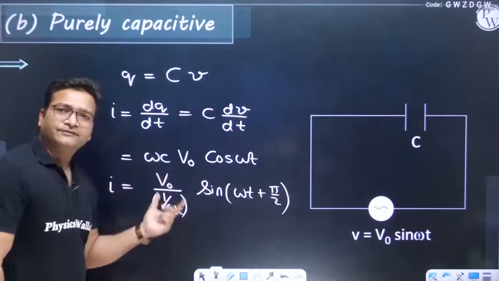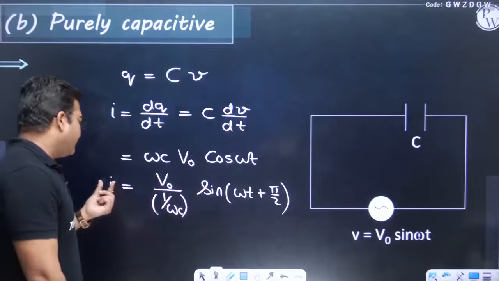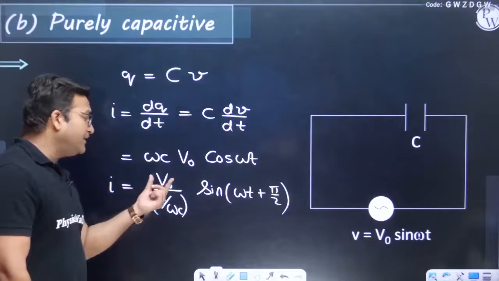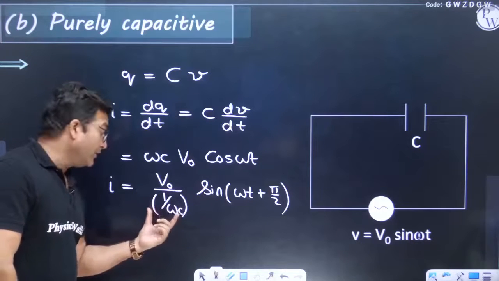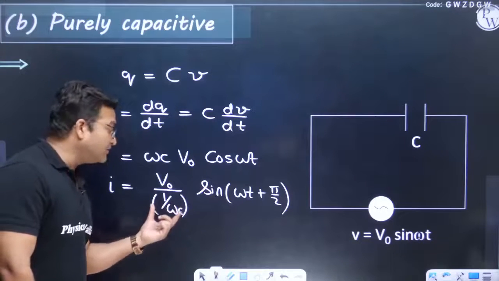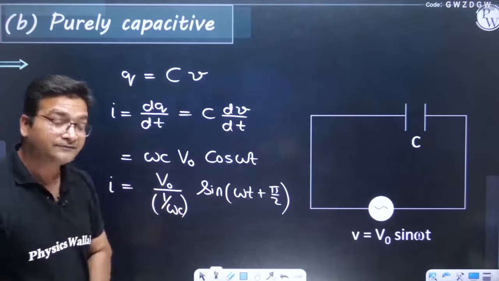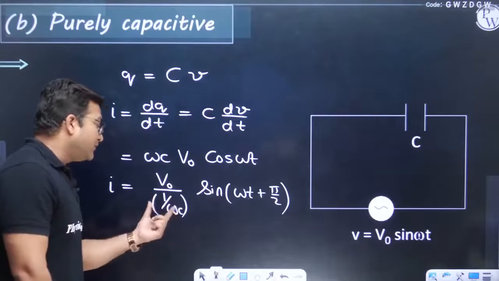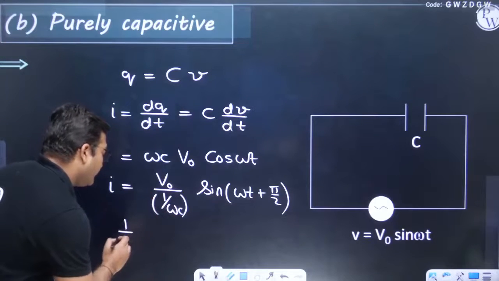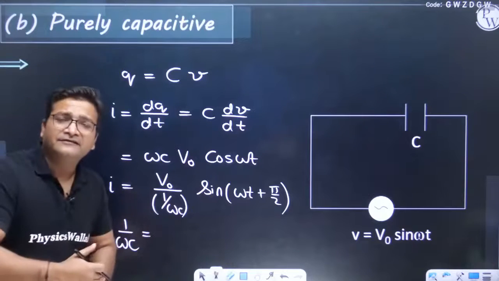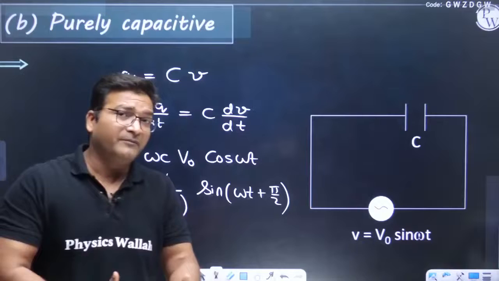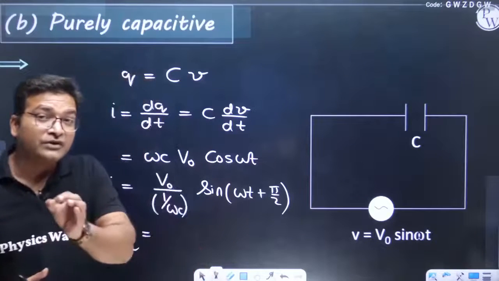This is similar to the formula V naught by some quantity, and according to units, this quantity must have the units of resistance. So this quantity, 1 upon omega C, can be called the resistance offered by a capacitance to AC current.